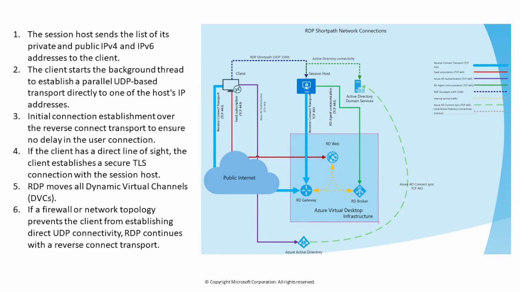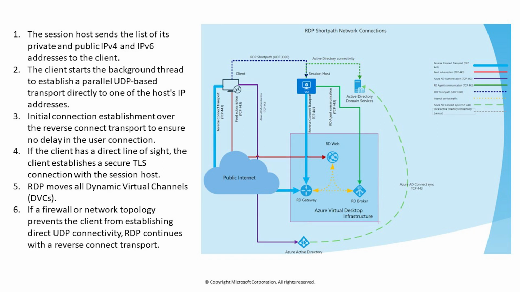The session host negotiates, sets up, configures. So in many cases, if the client has a direct line of sight, the client establishes a secure connection with the session host as well. The idea is to make sure that the users have flexibility in terms of adoption.